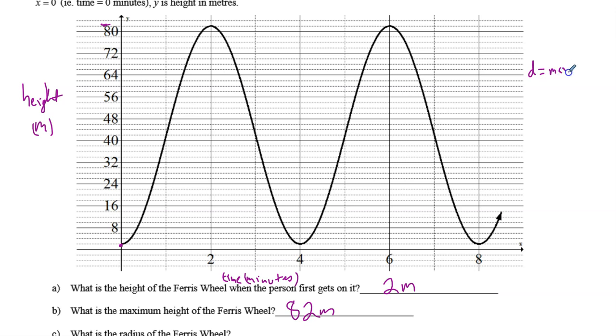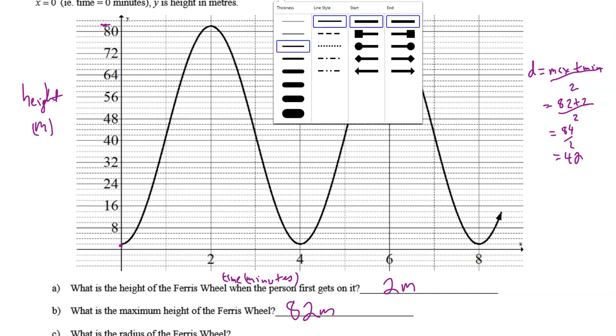And d is max plus min over 2, which will be 82, the maximum, plus 2, the minimum, over 2, which is 84 over 2, or 42.